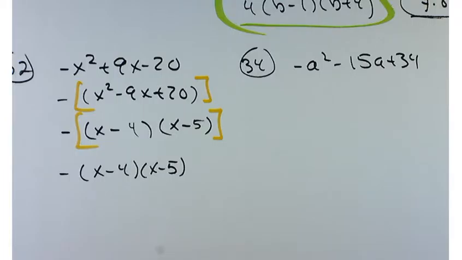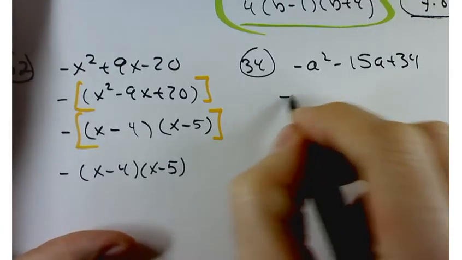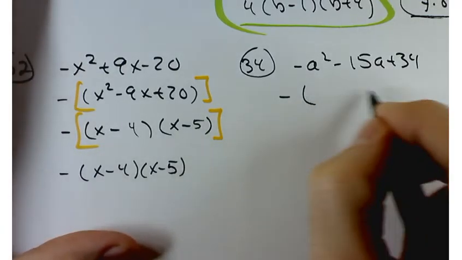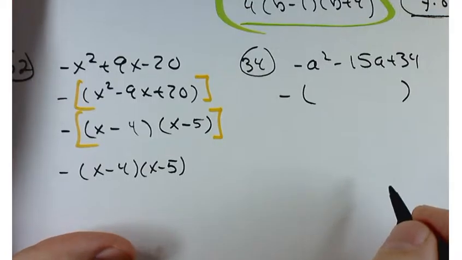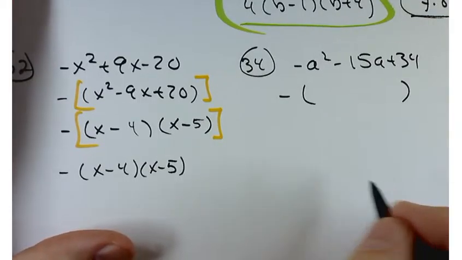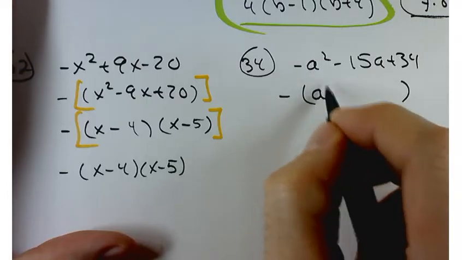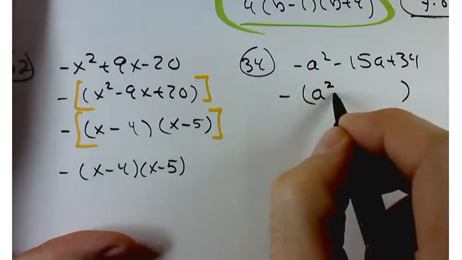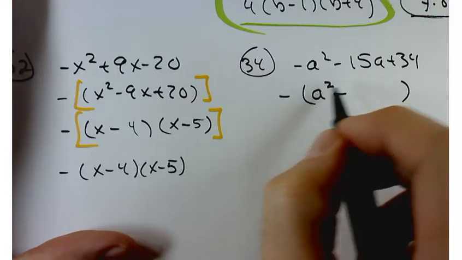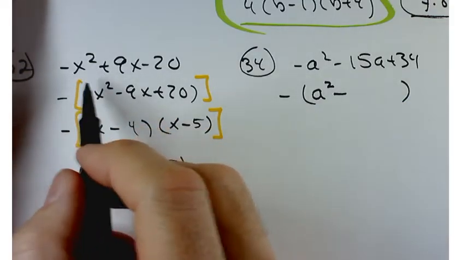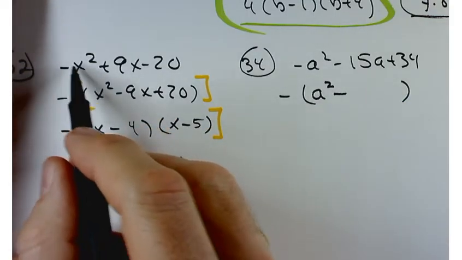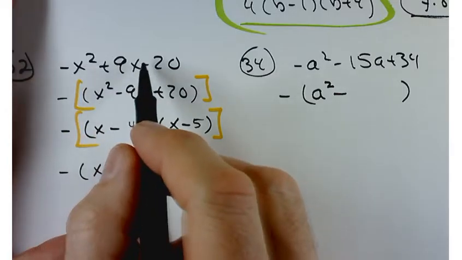Carry. If I factor out a negative here, what would that look like? So a squared. And just like the last one, it's going to change all these signs, right? That went from negative to positive, positive to negative, negative to positive.